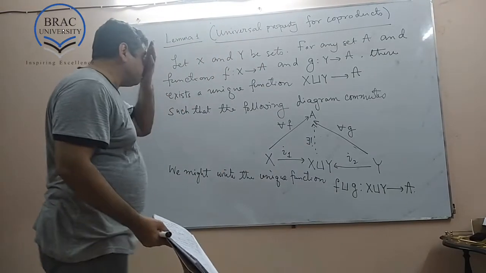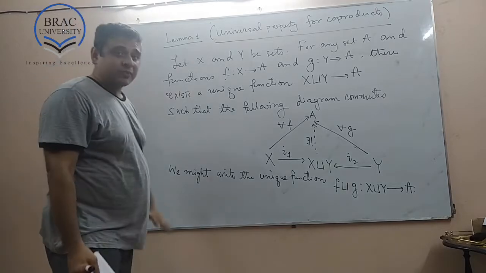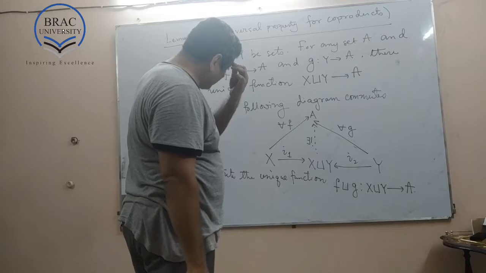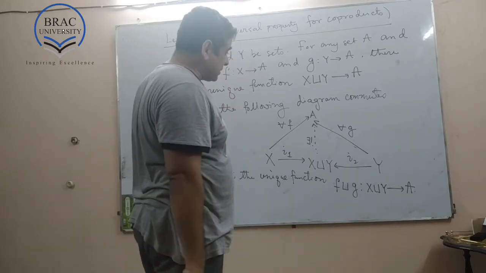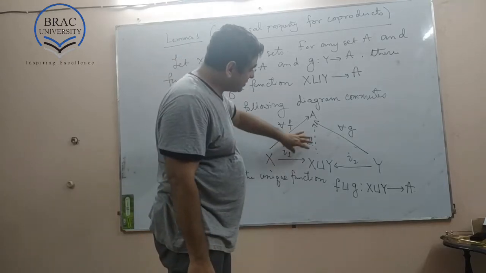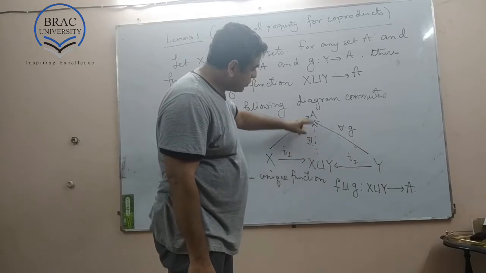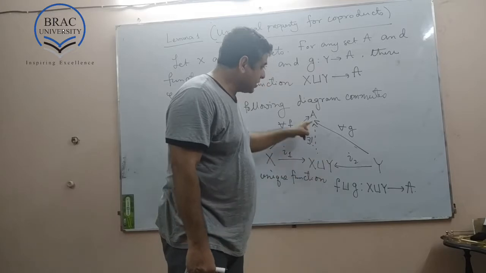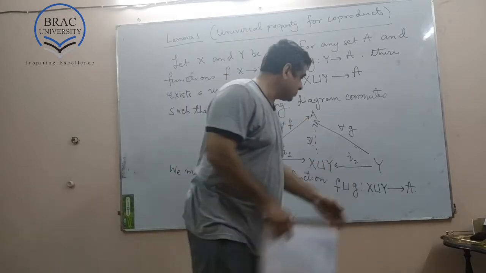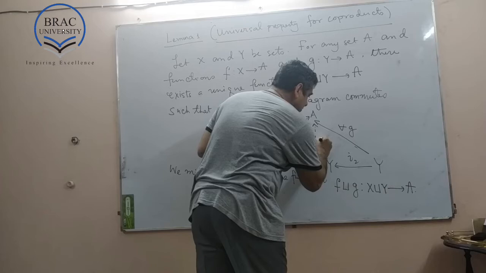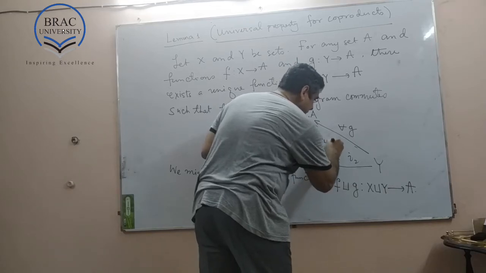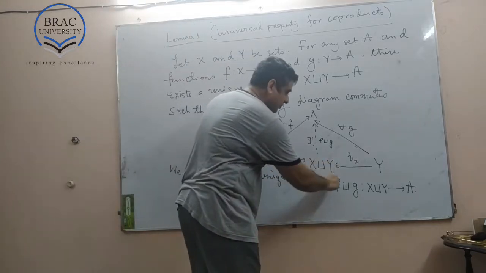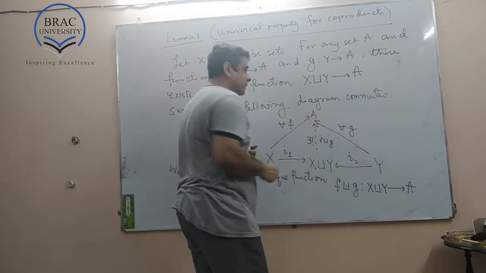I stated lemma 1 in the previous segment, which states the existence and uniqueness of this arrow from the disjoint union of X and Y to this set A. This arrow is precisely this map from this set to the set A. Okay?